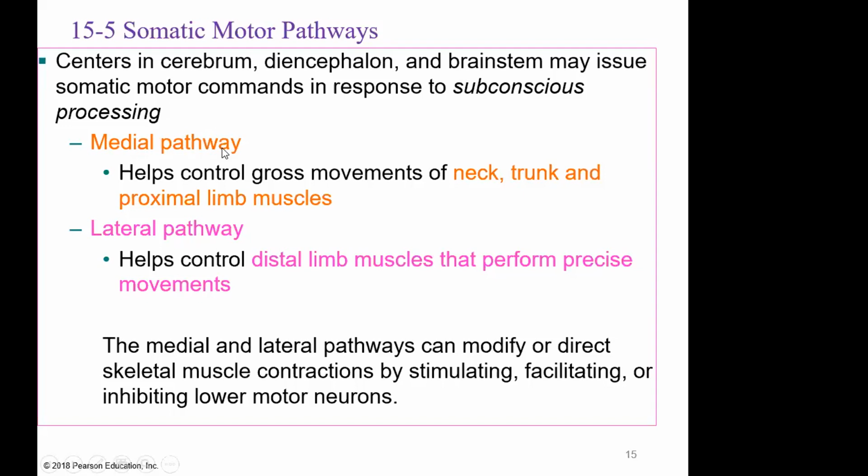The medial pathway, I highlighted for you, helps control neck, trunk, and proximal, that's the key word there, proximal limb muscles. Whereas the lateral is going to be about the distal limb muscles that will help perform those very precise movements. And these two together, you see here, they can modify or direct skeletal muscle contractions either by stimulating, facilitating, or inhibiting the lower motor neurons.